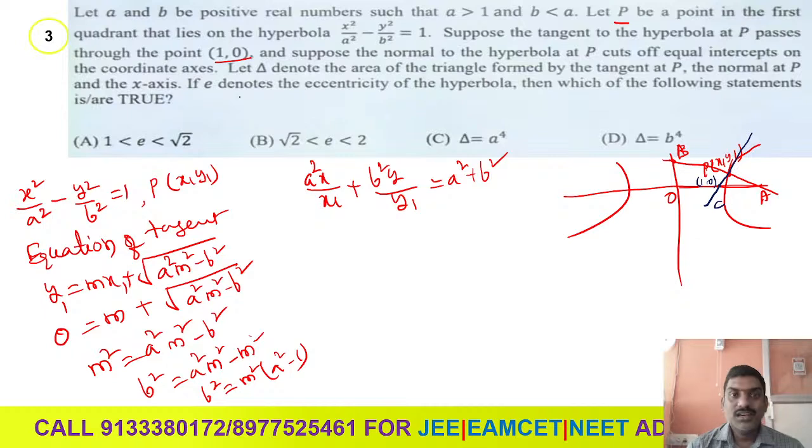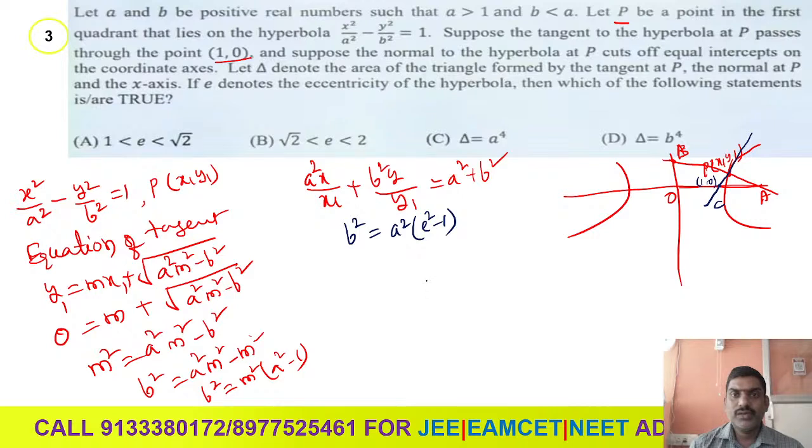If E denotes the eccentricity of the hyperbola, it means b square is equal to, what do we get? B square is equal to a square times (E square minus 1). So here we have taken the point as x1 y1.